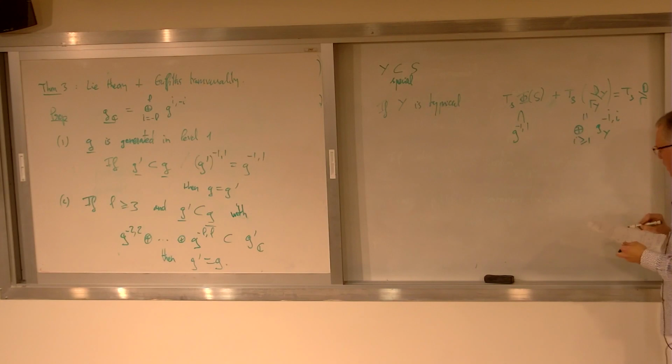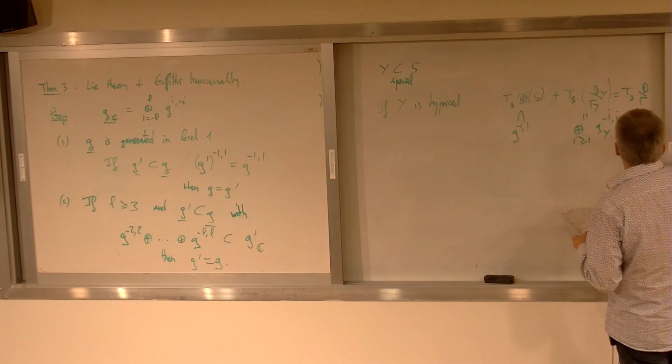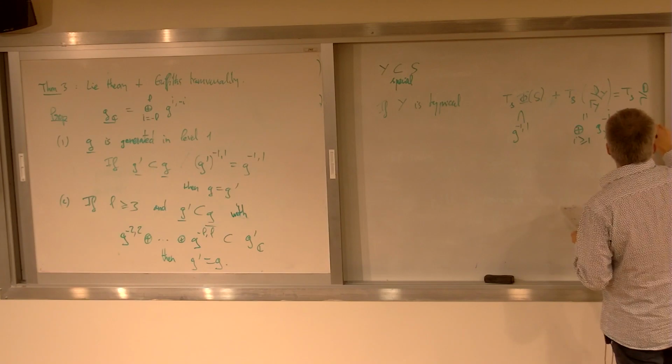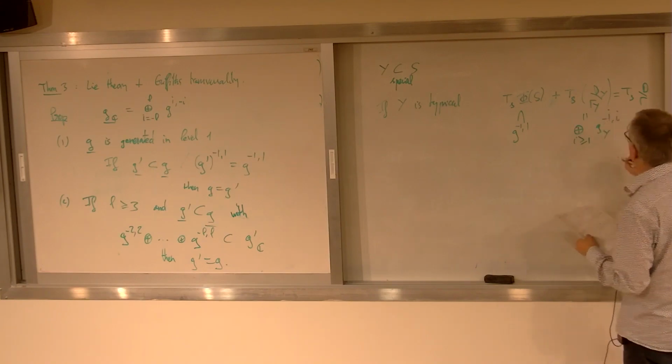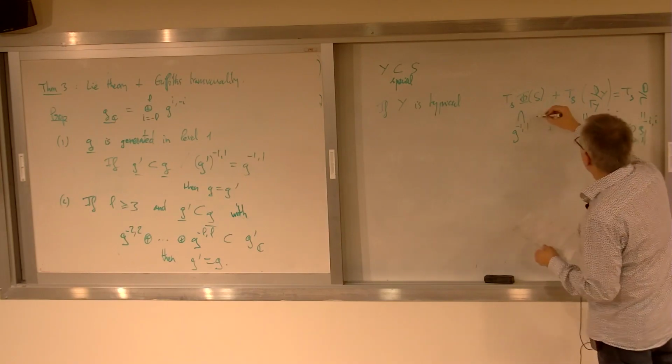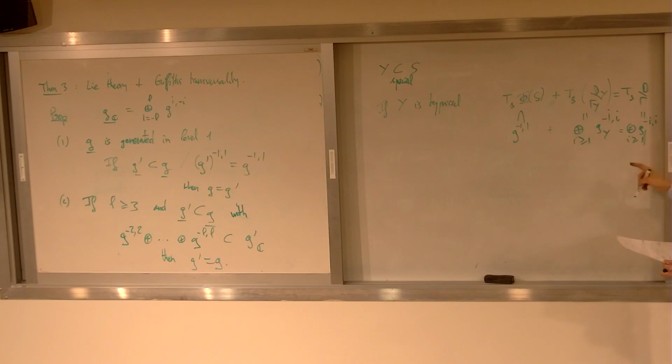And this has to be equal to the full sum of the G−i,i, i larger than 1. We have that at least this plus this has to be equal to this, but in particular this plus this has to be equal to this. So this means that all the pieces in degree at least 2 have to appear here. And so you can apply this lemma and you are done. Okay? That's what Griffiths transversality tells you.